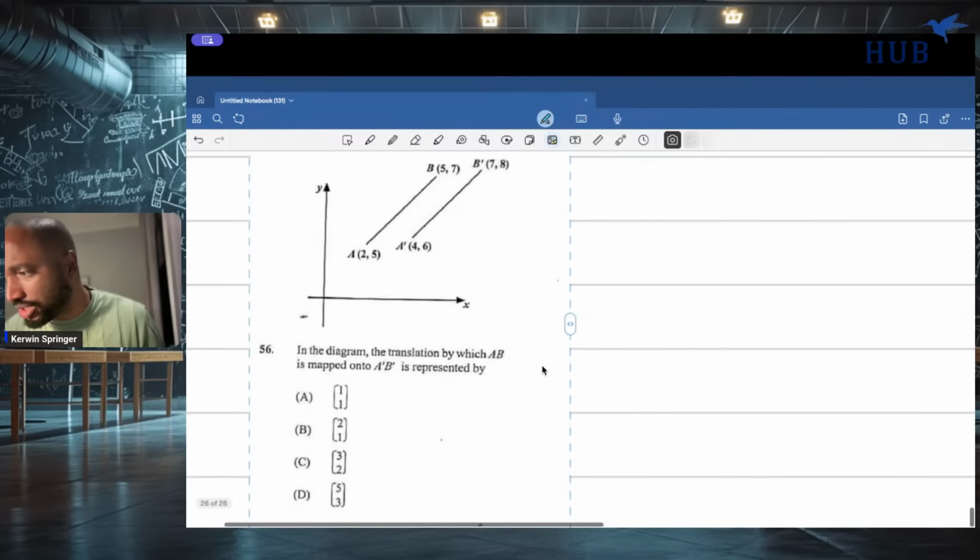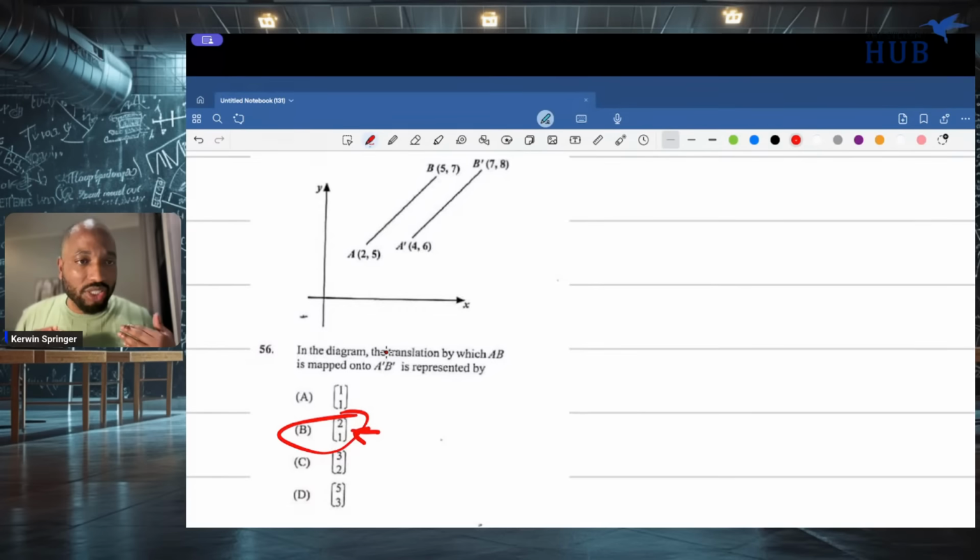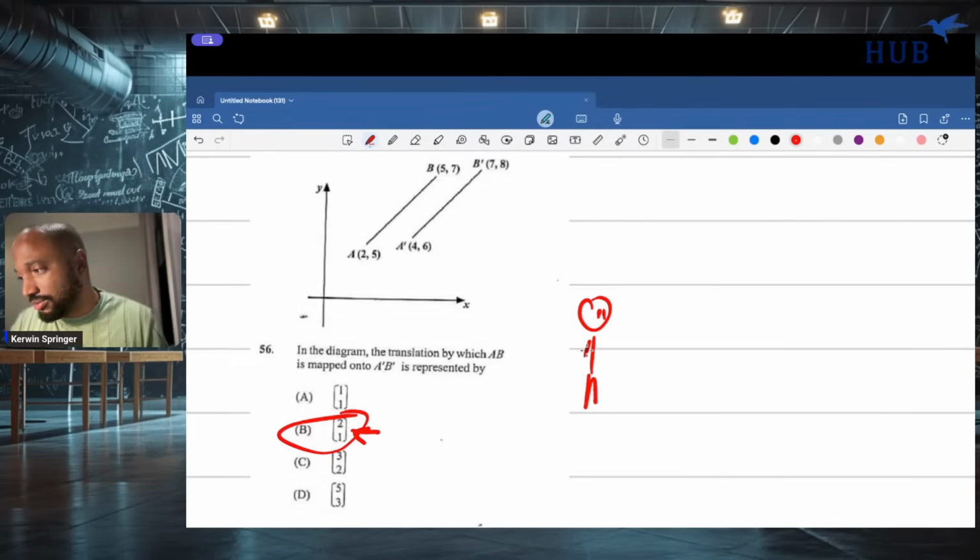In the diagram, the translation by which AB, so it went from 2,5 to 4,6, so it gained 2 and it gained 1. This is probably the most common vector question. This is a vector question that we pass down from generation to generation. So my father, he got this question.